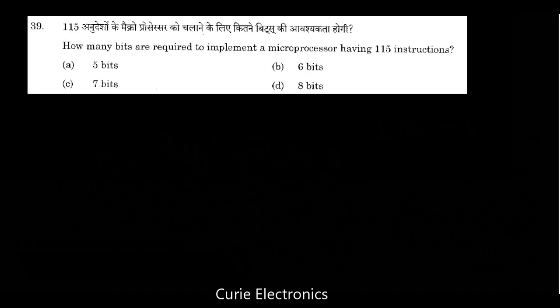If it is an 8-bit microprocessor or microcontroller, it can have 2 to the power n instructions, that is 256 instructions, 2 to the power 8, n is here 8.